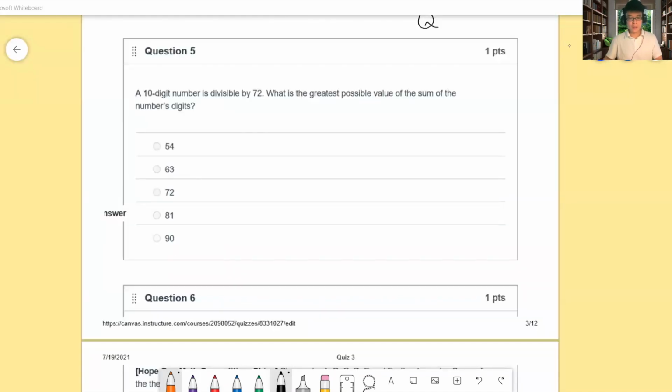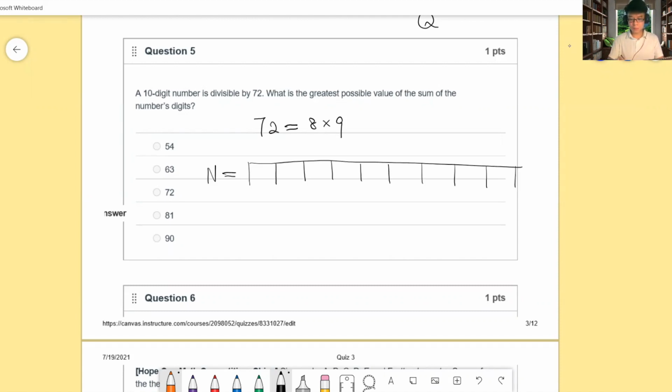Question 5. A 10-digit number is divisible by 72. What's the greatest possible value of the sum of the digits? So let's consider the divisibility by 72. Notice that 72 corresponds to 8 times 9. Let me denote this number as n. It has 10 digits. Now this number is divisible by 72.